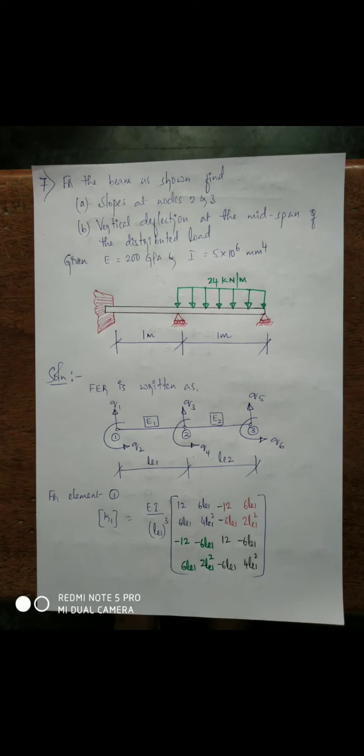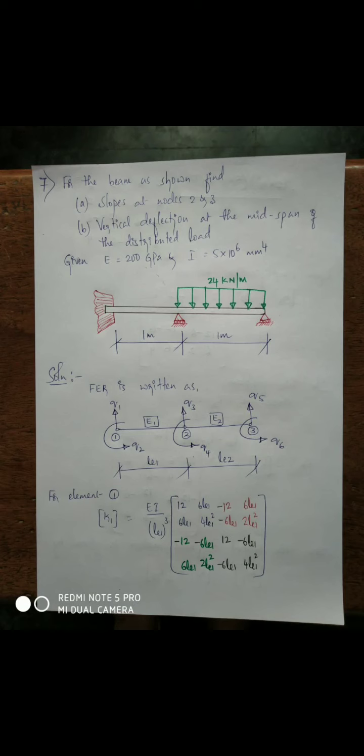Since there are two elements, again remember this important shortcut: the number of elements is decided by the values of L, that is length of the element given in the problem definition. In this particular problem sketch, there are two L values, 1 meter, 1 meter. 2 L values is equal to 2 elements is equal to 2 individual element stiffness matrix equations. That's it, very clear.